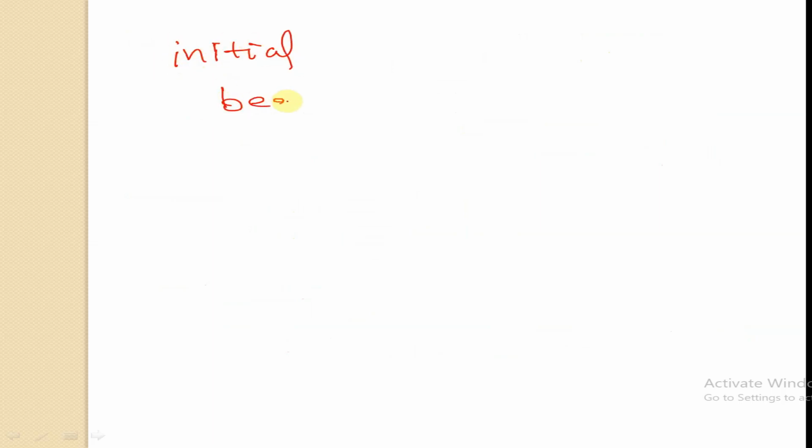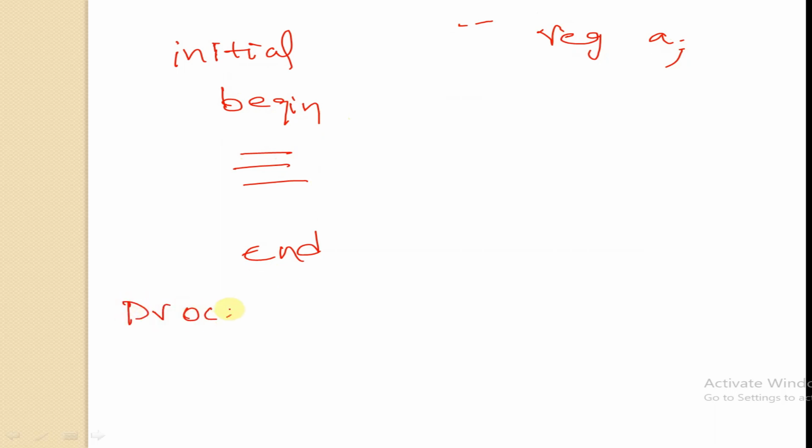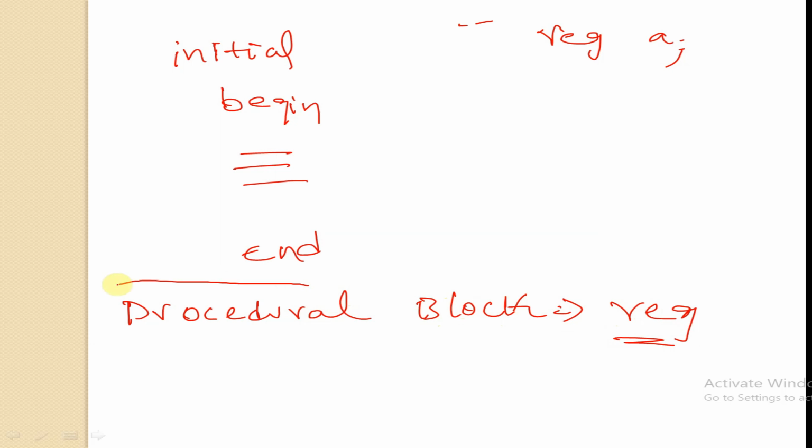Initial, begin. There is no need to use begin if there is only one statement, but I am using begin for one statement also. So let's say we have declared a reg, say a. In a procedural block, we can use only the reg data type.